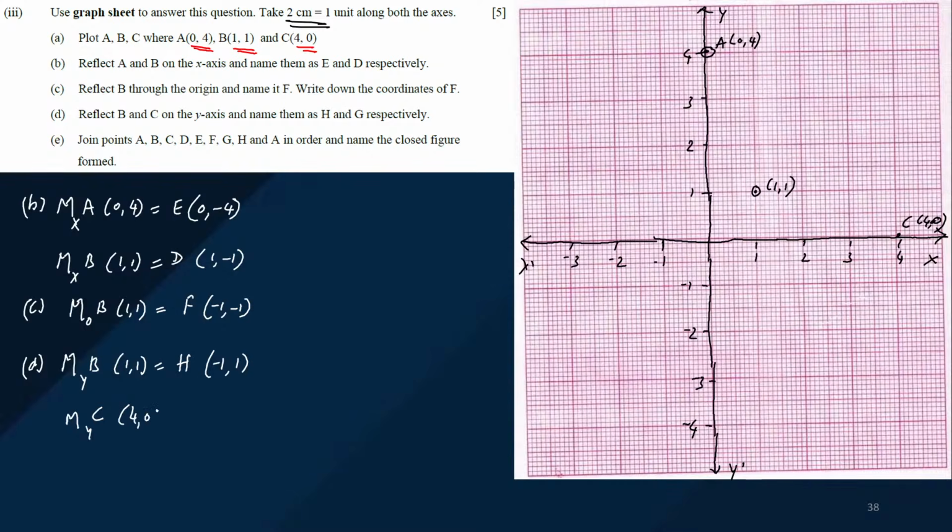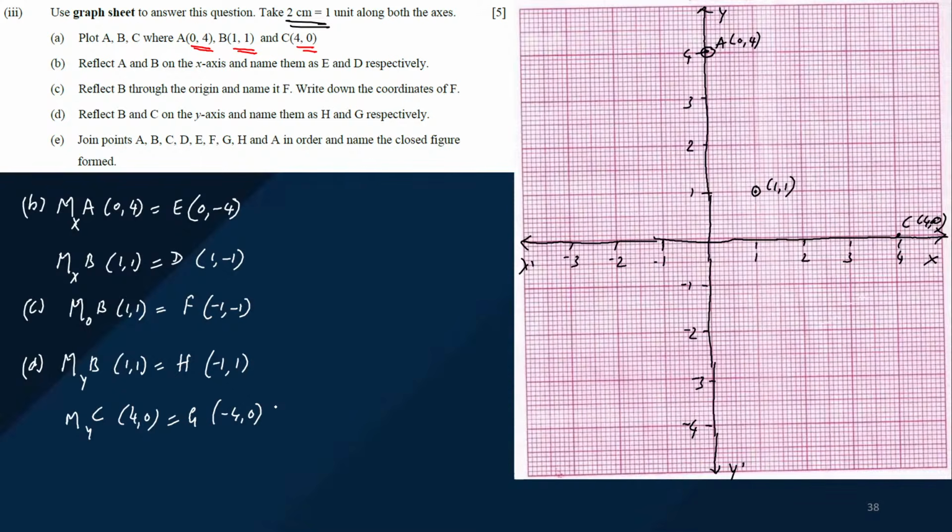C is 4 comma 0. When you are mapping the point C on the y-axis, you are going to call it as G. So that becomes minus 4 comma 0. Clear? Okay. Now let us plot them. Let us plot all these points.